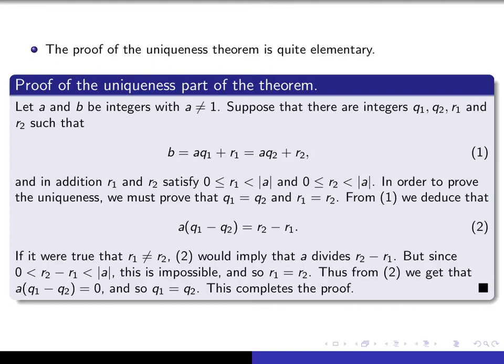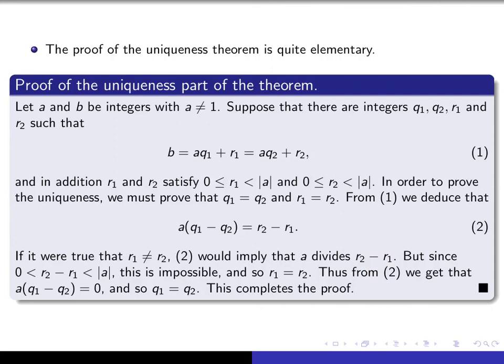So now, if it were true that R1 is not equal to R2, then this is a positive number, and that would say that A divides R2 minus R1, right? Because A times this integer is equal to R2 minus R1. But in order that A divides R2 minus R1, A would necessarily have to be smaller than or equal to R2 minus R1.